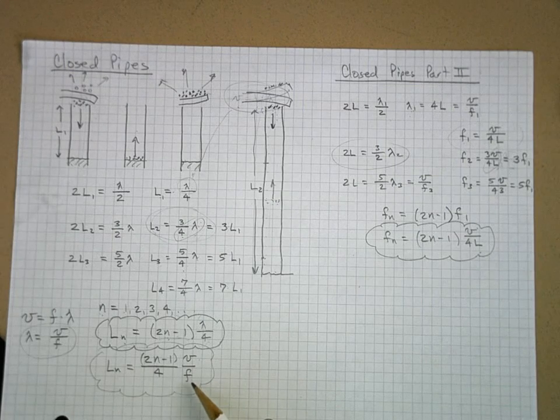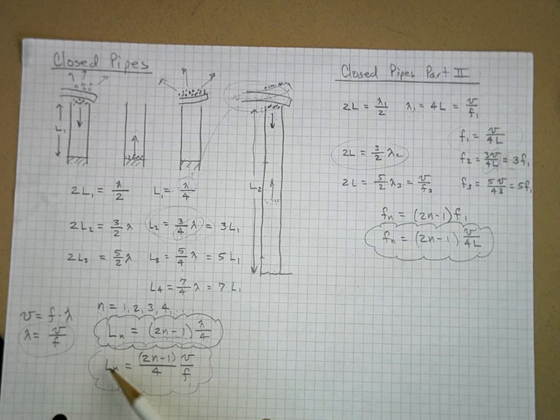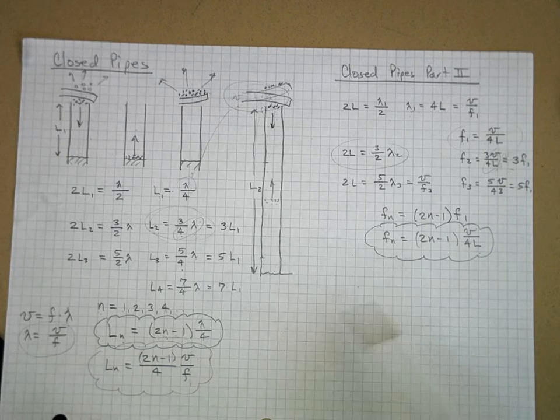Here we have the equation where if the frequency is held fixed, these are all the different lengths of pipe that I can get to resonate with that specific frequency. But if I just switch this L sub n, bring F out here and L sub n over there, and then put the n subscript on the frequency instead of the length, I get this.